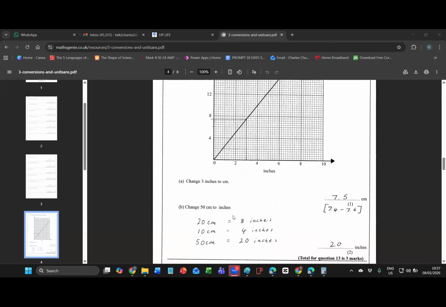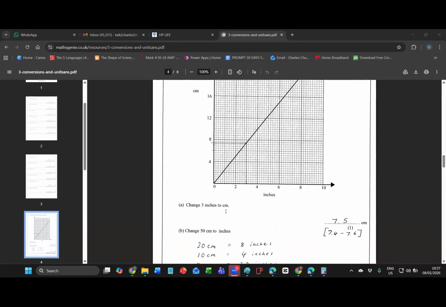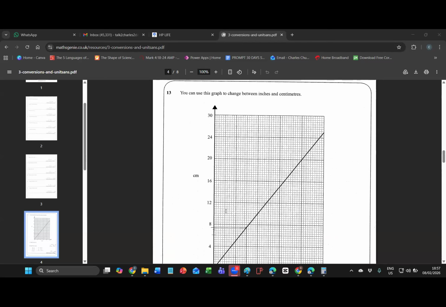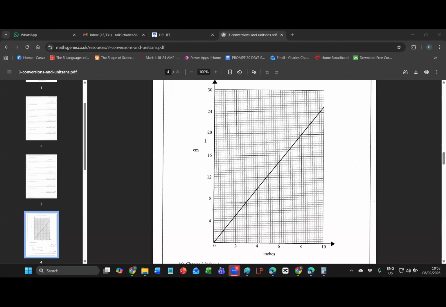Now, can you see that second question that says convert 50 cm to inches? Meanwhile, on the graph, we don't have up to 50 cm on the y-axis. The highest is 30, right?